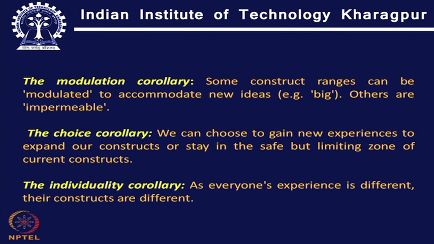The modulation corollary: some construct ranges can be modulated to accommodate new ideas, others are impermeable. The choice corollary: we can choose to gain new experience to expand our constructs or stay in the safe but limiting zone of current constructs. The individuality corollary: as everyone's experience is different, their constructs are different.